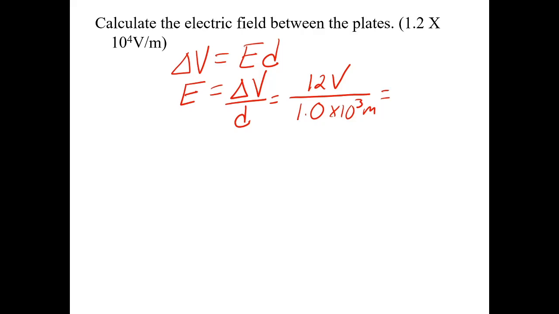So 12 divided by 1 times 10 to the minus third is 1.2 times 10 to the fourth volts per meter. Now, that's a new unit that we're seeing, because before what we saw was Newton per Coulomb, but volts per meter is also equivalent. In fact, volts per meter, I think, is the one that's used a little more commonly.